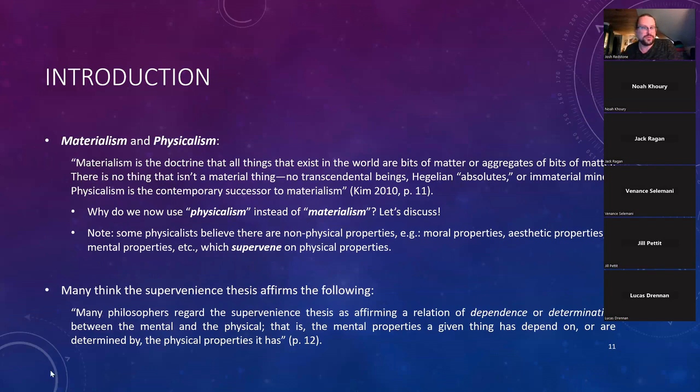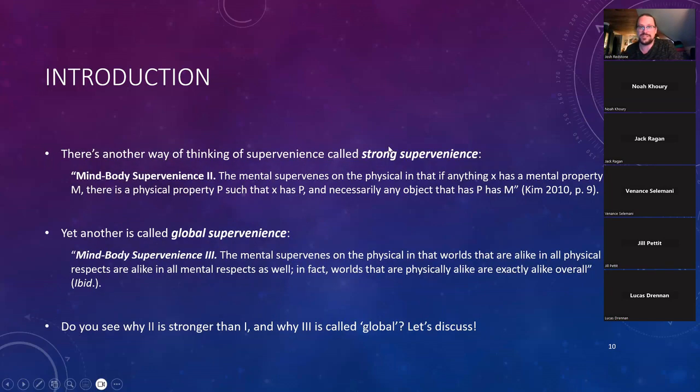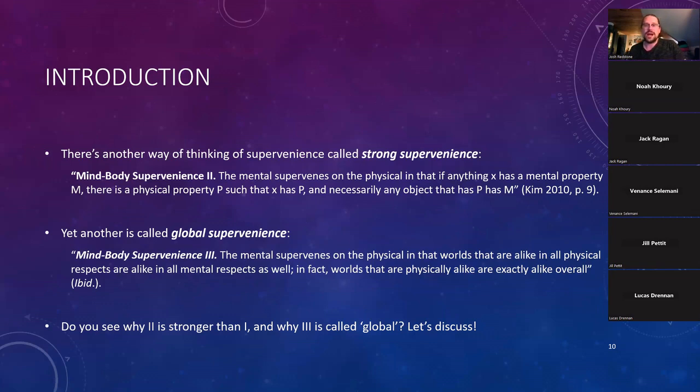Another example of supervenience, the second supervenience thesis. You can take anything you want. Let's make X a robot. And let's say that the mental property is a belief again. And there's a physical property such that our robot has this physical property. So maybe a string of ones and zeros, implemented by switches that are on or off.